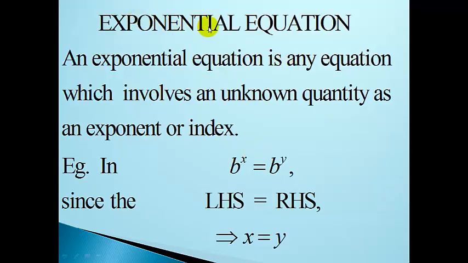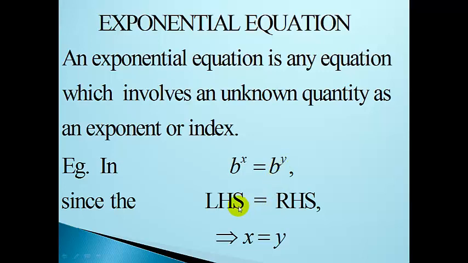Now we look at exponential equations. An exponential equation is any equation which involves an unknown quantity as an exponent or index. Now in b exponent x equals b exponent y, on the left hand side the base is b and the exponent is x. On the right hand side the base is b and the exponent is y.